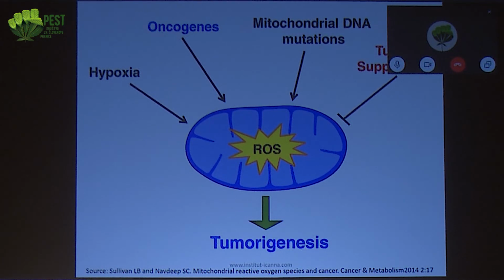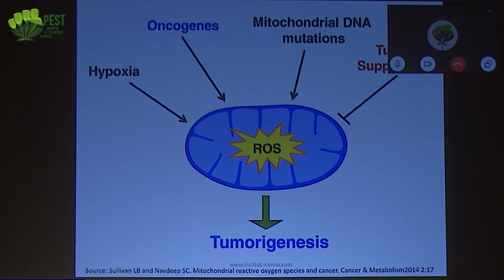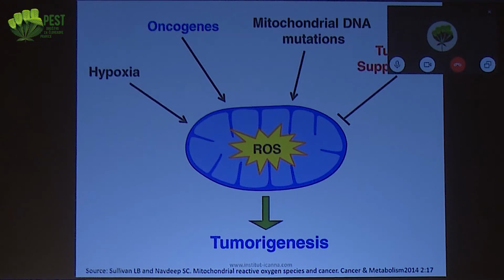And all of this, if it's out of balance, that there's way too much reactive oxygen species, then the body can't scavenge. This can lead to development of tumors. And this is another important point where cannabinoids can do their role, because a lot of phytocannabinoids are known to be antioxidants. And if we have enough antioxidants with a lot of reactive oxygen species, and if this is balanced, the mitochondria can keep up their important function in the body.